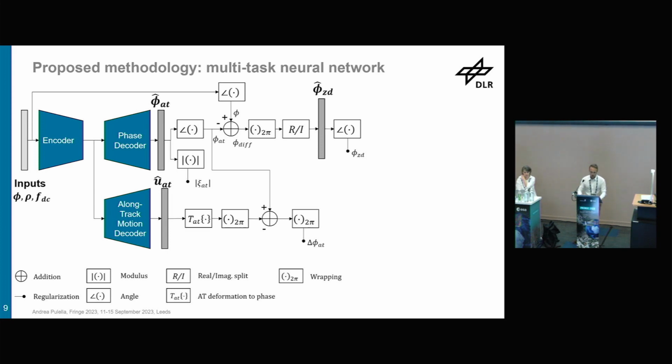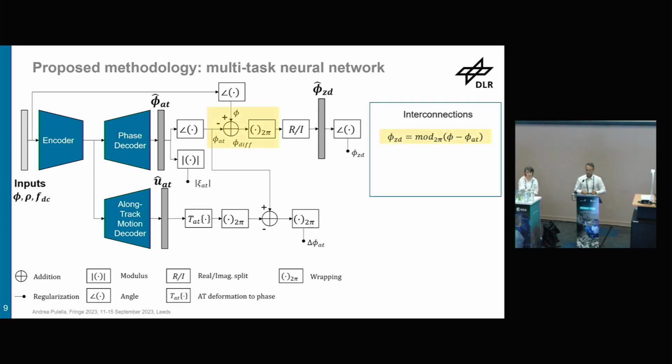What is important of this network is that it goes toward the concept of multitask learning. So basically, we are trying to estimate simultaneously output parameters that are interconnected among them. And I can show you the interconnection, just briefly, nothing so special. The zero Doppler phase is the wrapped difference of the interferometric phase and the along track phase.